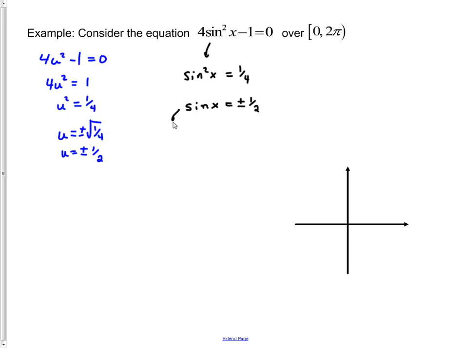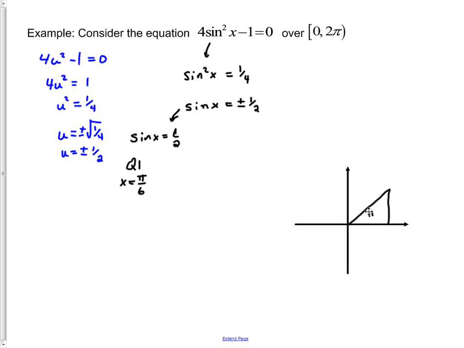Now, in the last example that I gave, we dealt with sine of x equals 1/2 by recognizing that on the interval from 0 to 2 pi, in quadrant 1, x equals pi over 6 was one such value. And we could draw a right triangle to represent that situation yet again right here.